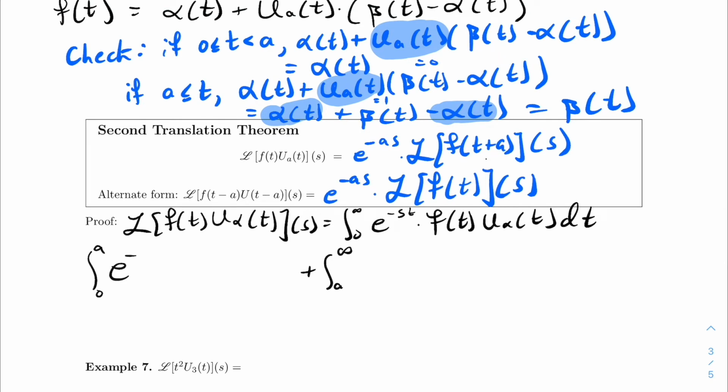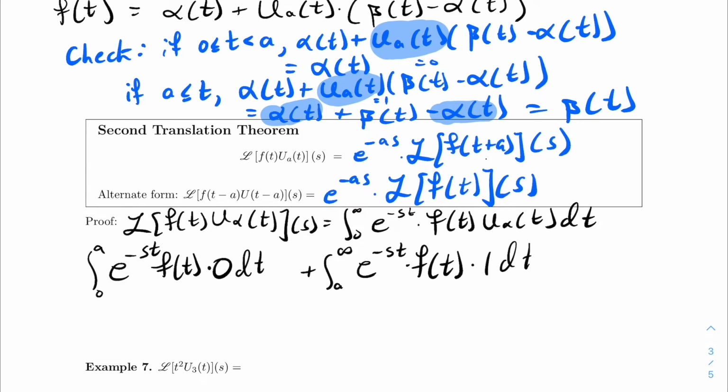So this is e to the negative st times f of t times 0 dt from 0 to a, and then from a to infinity, e to the negative st times f of t times 1 dt. I don't really need to write that 1. This whole first part is just equal to 0 anyway. So I get the integral from a to infinity of e to the negative st f of t dt.